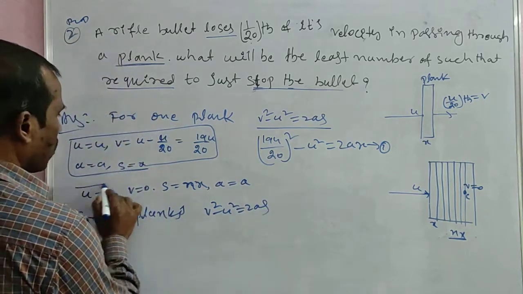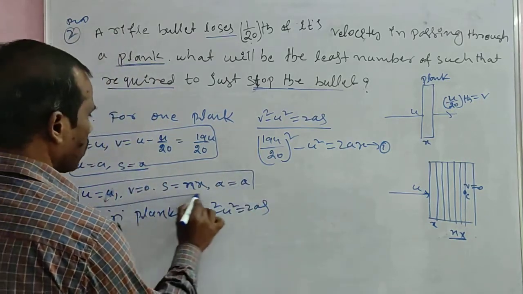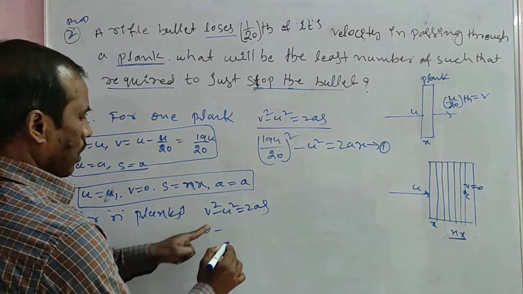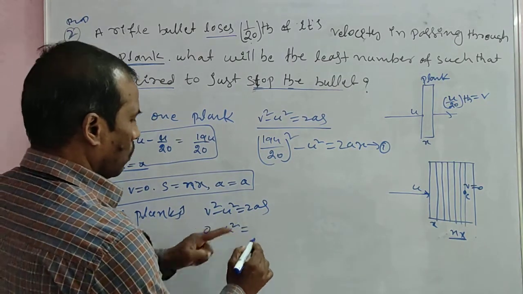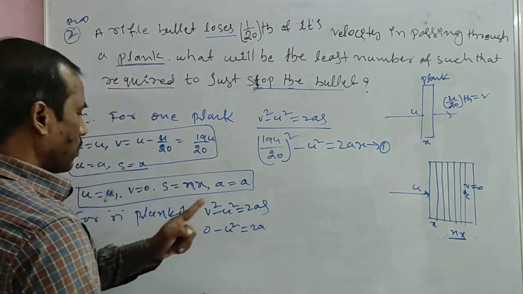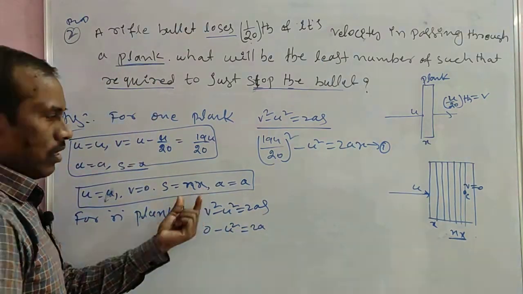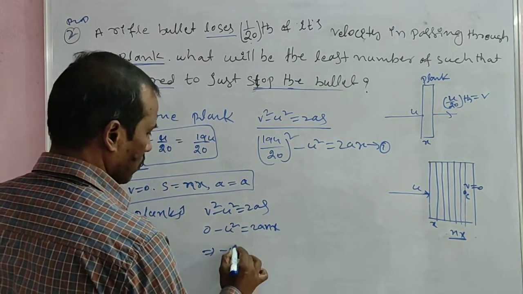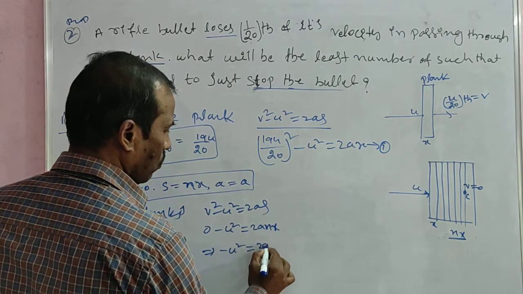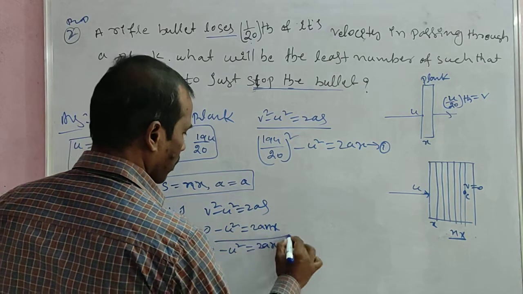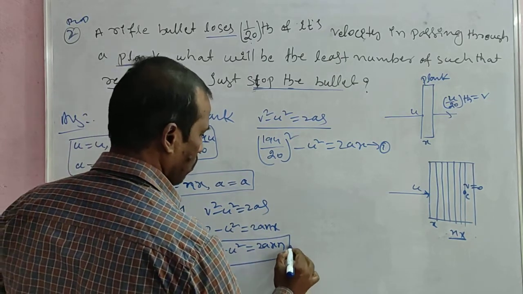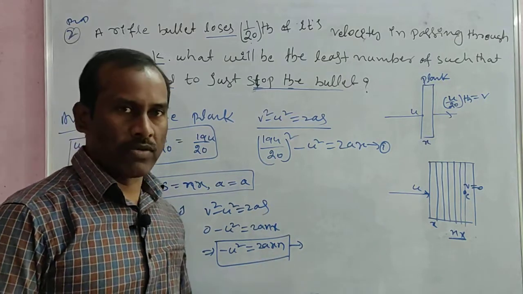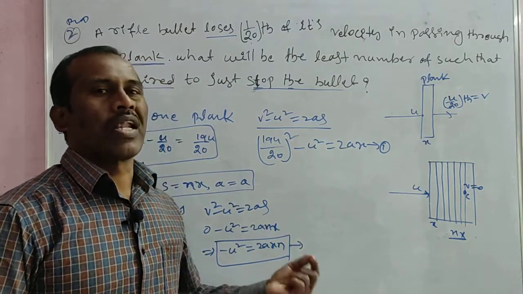Substituting this data, the final velocity is 0, the initial velocity is u, a is constant, and s is equal to nx. So minus u square is equal to 2axn. We want the value of n, how many planks are required.